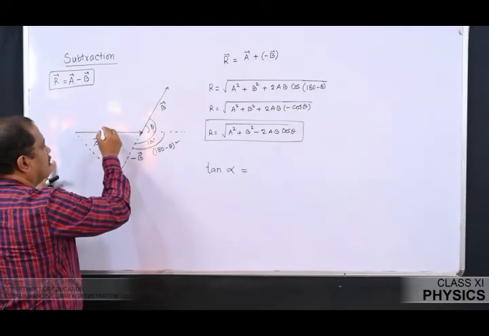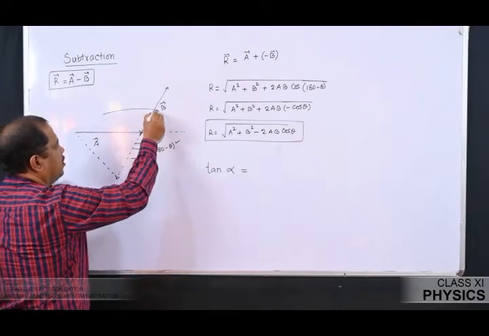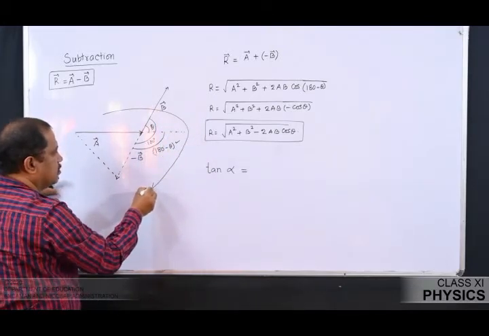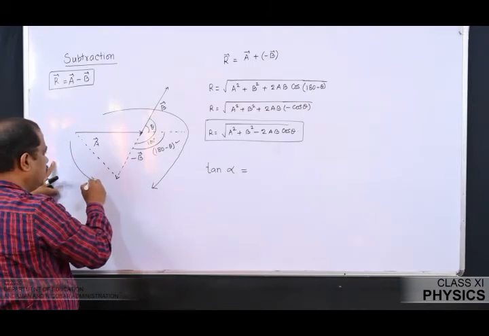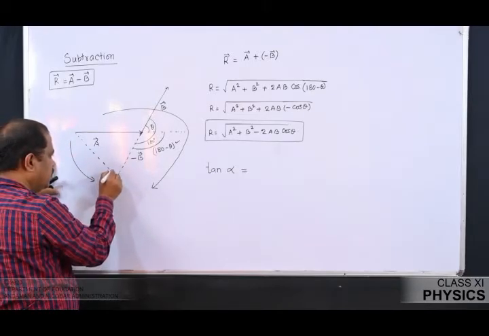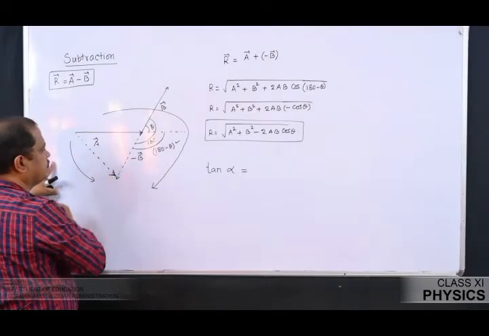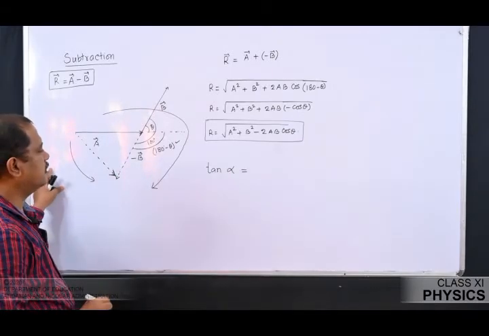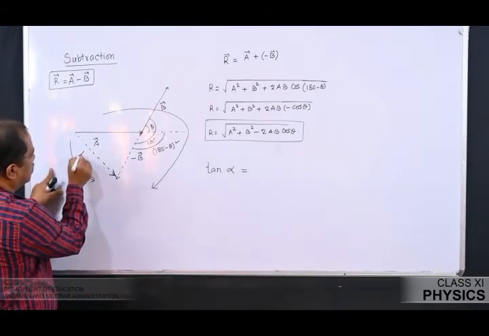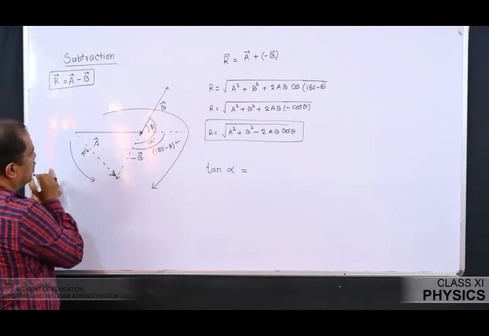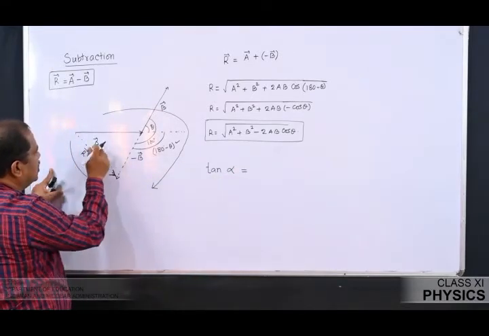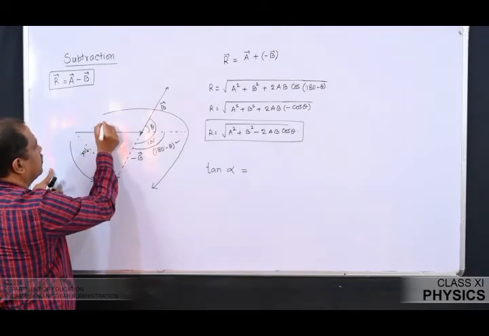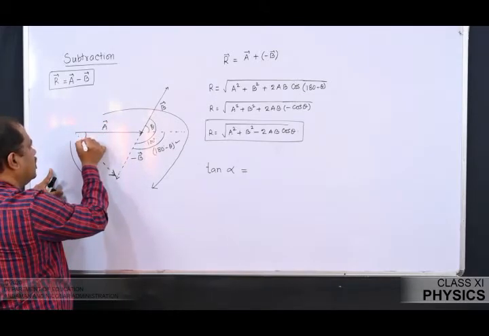The order of the direction of A and minus B is this, and as such, the resultant will have the opposite order. So the resultant is going to have this direction. This is the resultant vector. Now let me suppose that this alpha is the angle made by the resultant vector with vector A. So in that case, this is my alpha.